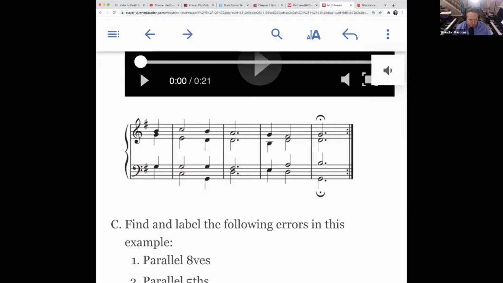And then they said that the root of the second chord is also doubled by the sopranos. So when we have triad notes, we have 3 notes of a triad, but in 4-part writing, we're going to have to double one of the notes. And most often, that's going to be the root. Questions, comments, concerns on that?